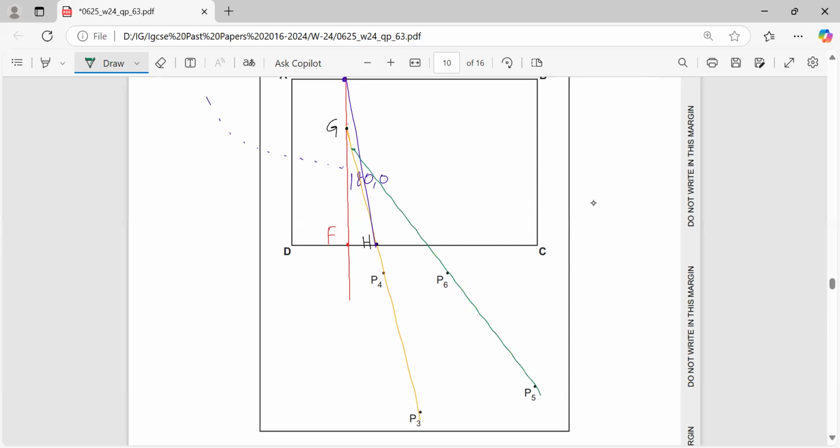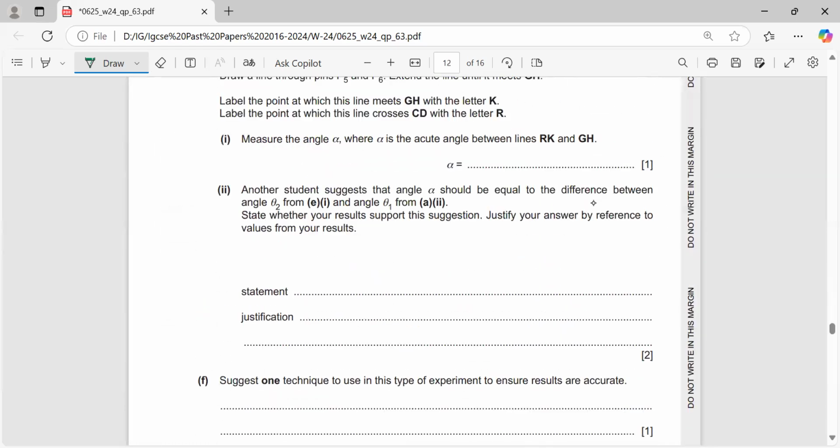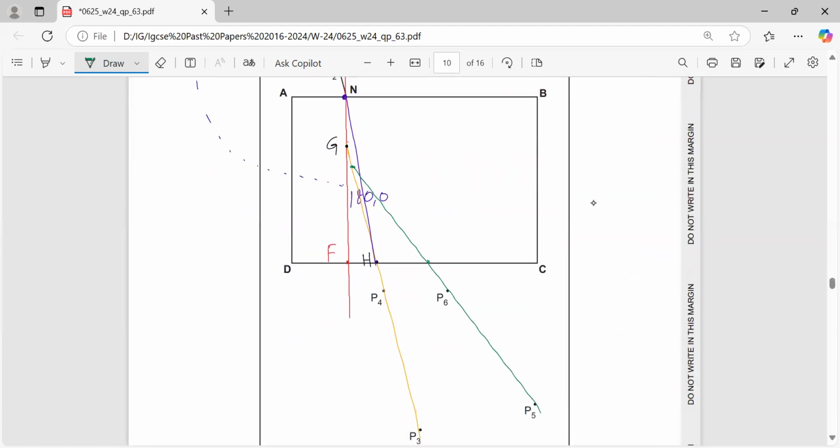So we will label this point, and also this CD we have to label. Now let's see what the particular points they have given. So GH with the letter K and CD with the letter R. This is K and this is R. So K and R.